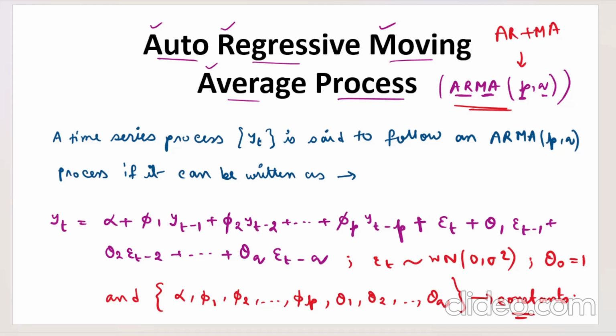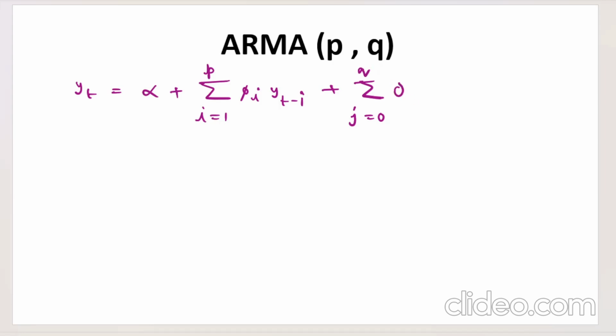Now we can combine the terms to write it in a compact way. So this can be written as alpha plus summation i from 1 to p phi i Yt minus i plus summation j from 0 to q theta j epsilon t minus j.